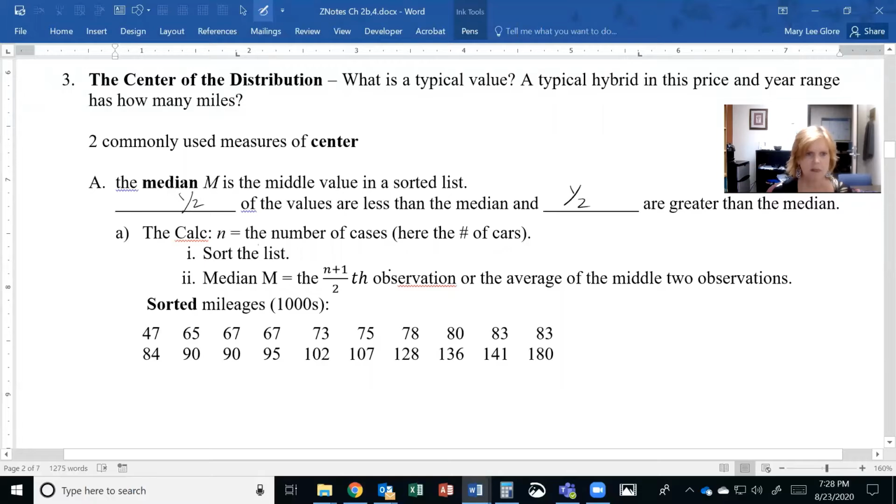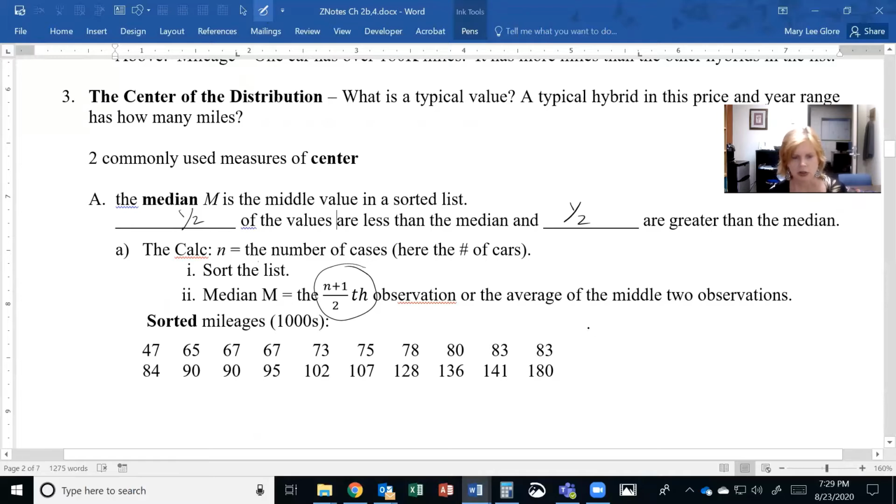And I want to find the median of this list. So I sorted the list. The median happens to be the n plus 1 over 2th observation. I've got n equals 20 cars. So if I add 1 and divide by 2, 20 plus 1 over 2, it's 21 over 2, which is 10 and a half.